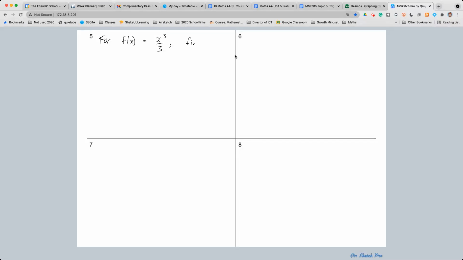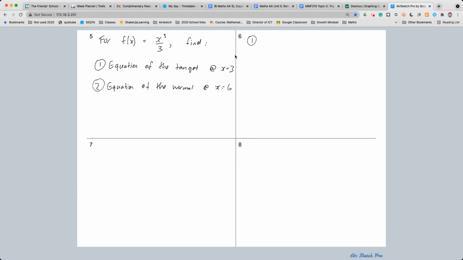Find 1, the equation of the tangent at x equal to 3, and 2, the equation of the normal at x equals 6. See how that goes? I'm worried about the size of the numbers there, but give it a crack.